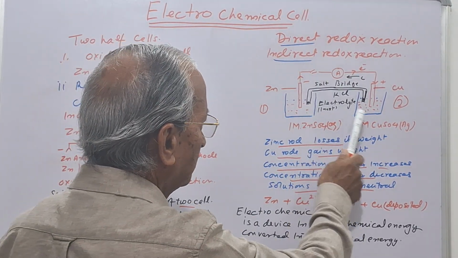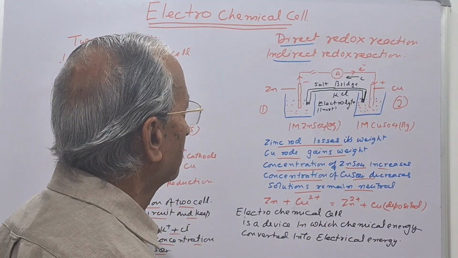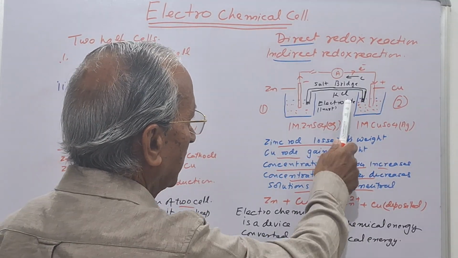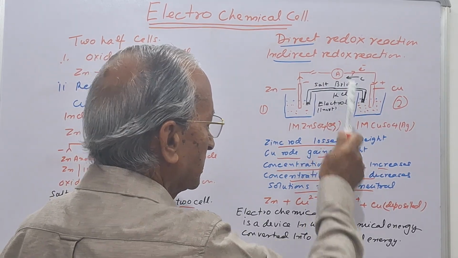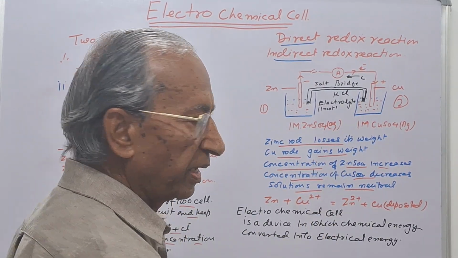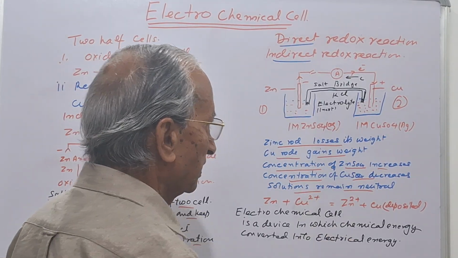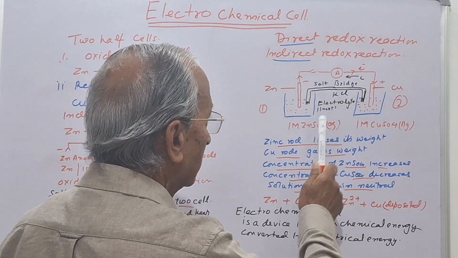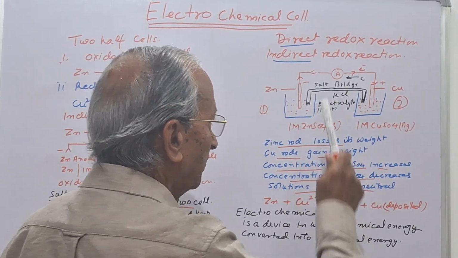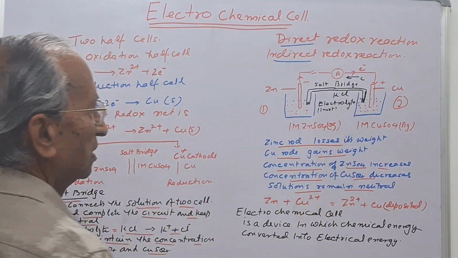Now these two half cells are connected by a tube which is filled with an inert electrolyte like KCl, potassium chloride, or potassium nitrate, which is inert in nature, that is, it doesn't take part in the reaction of the zinc sulfate and the copper sulfate. This is known as the salt bridge.